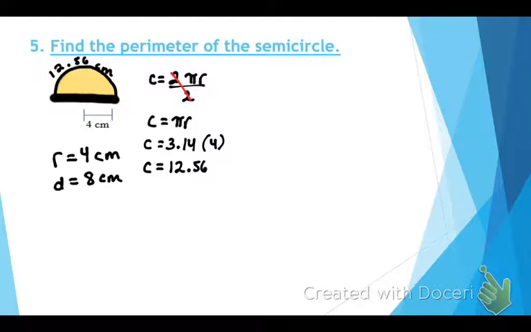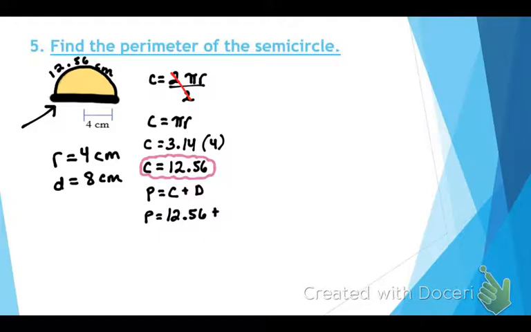All right, so what I want you to do, this is the first part. We're just going to go ahead and draw a little cloud around it, helping us to know that's the first step. The problem on the quiz is a lot of people think they're done at that point. Remember, perimeter is going to ask you to find not only the circumference, but also add in the diameter, or this part right here. So we just found out our circumference was 12.56, and how much is my diameter? 8.